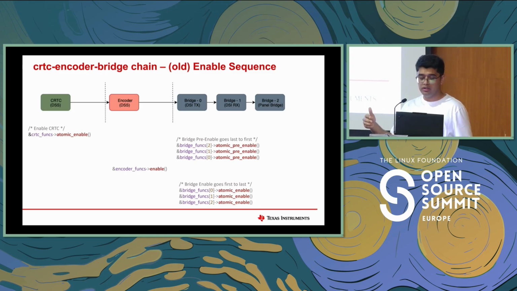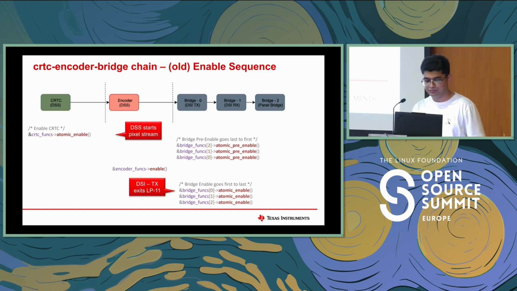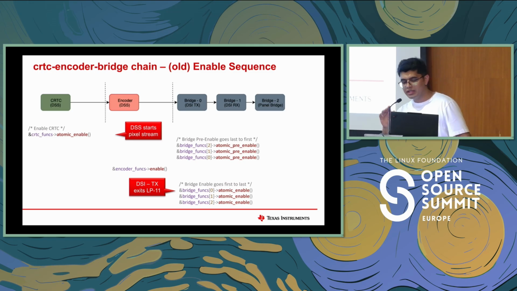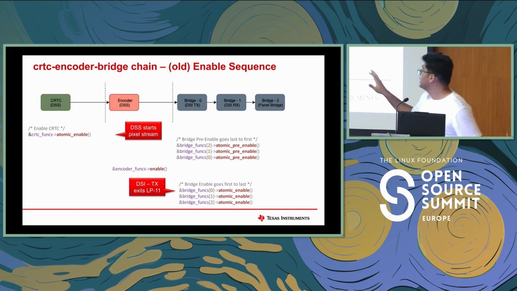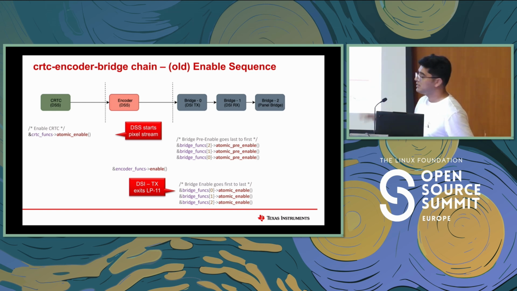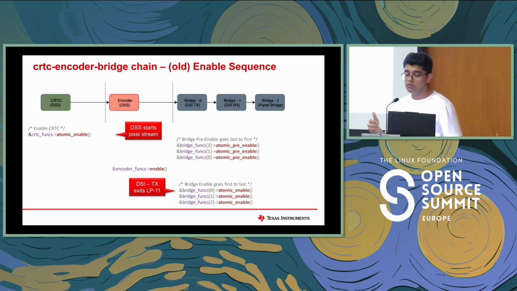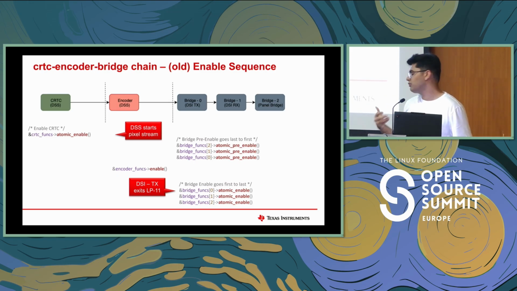Then comes the encoder, and then the bridges get finally enabled from first to last. So here the DSS, the CRTC, is starting its pixel stream from CRTC enable, while the DSI TX would exit the LP11 and would be ready to accept video signals at bridge 0 atomic enable.